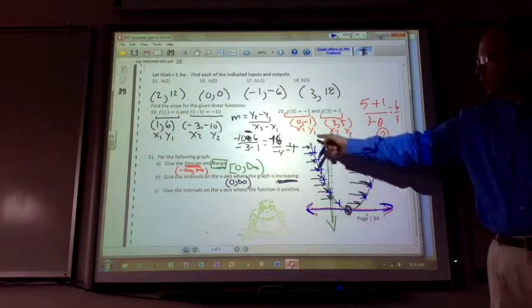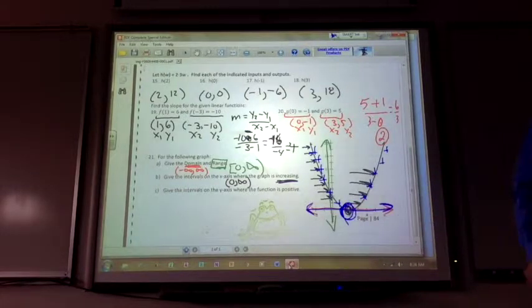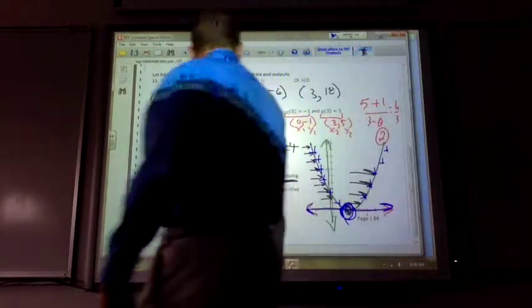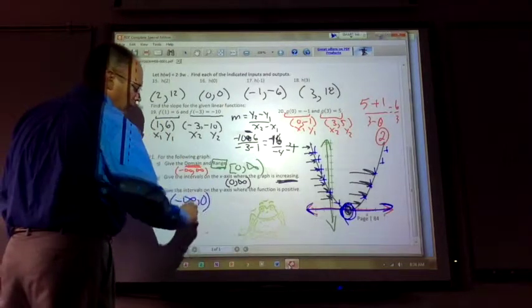My y values are all positive. What's my y value down here? 0. Is 0 positive or negative? It's 0. It's not positive or negative. So where is the function positive? It's positive from negative infinity all the way to 0.